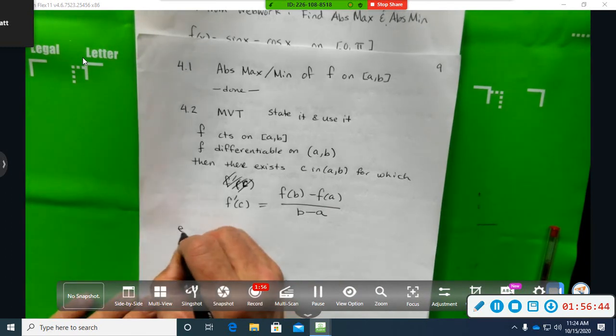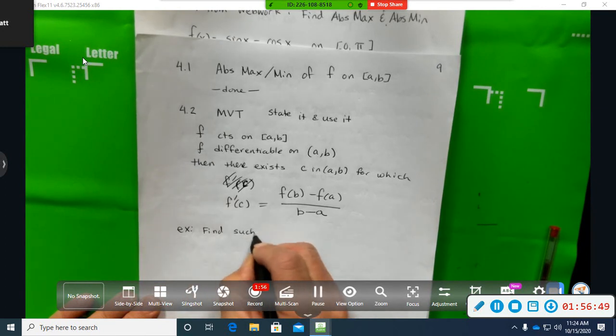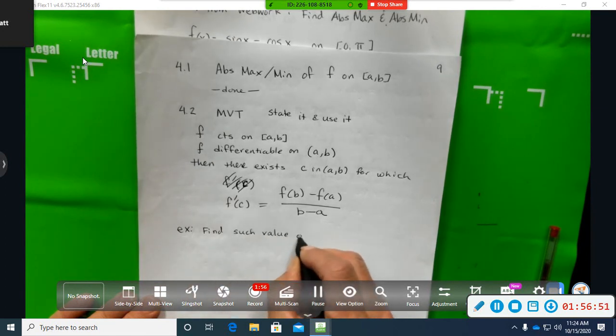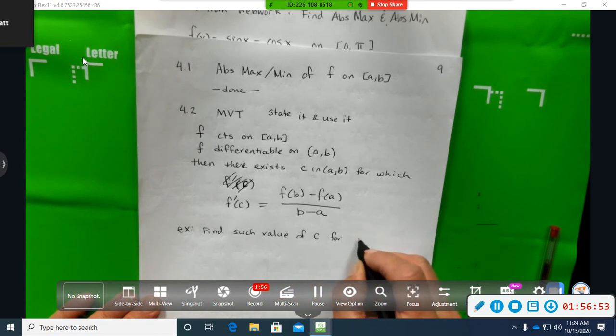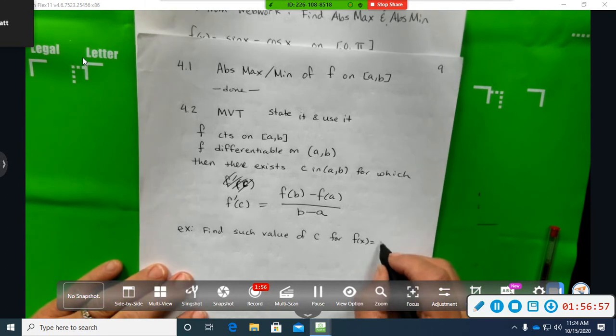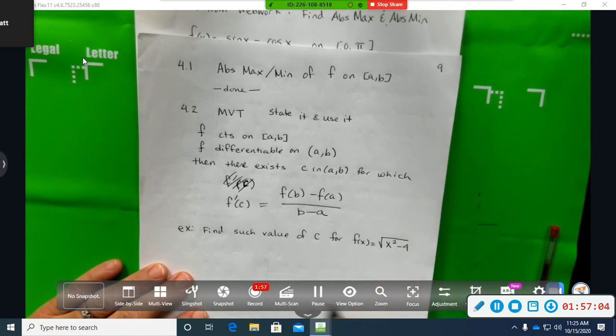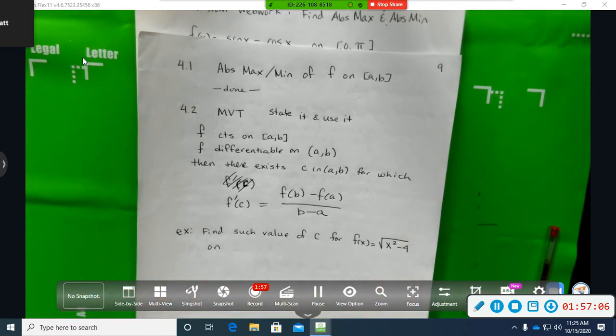So, find such c for f of x is equal to, how about the square root of x squared minus 4, on, well, let's see what this is defined for.